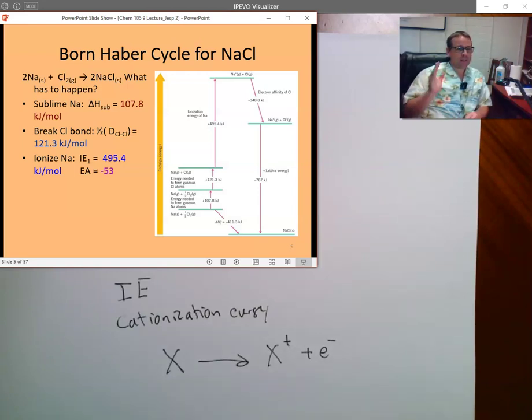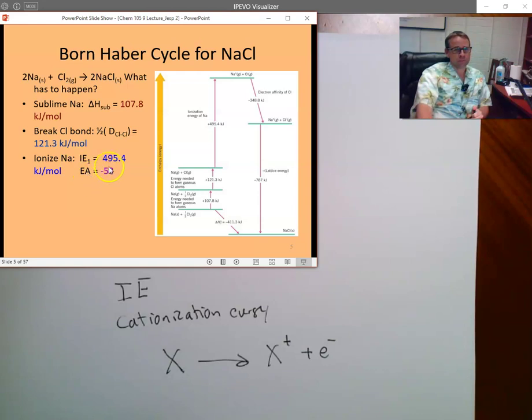But if we give an electron to an element, right? Daisy, do you know how much energy is released when we give an electron to an atom of sodium? Would it be the electron affinity?